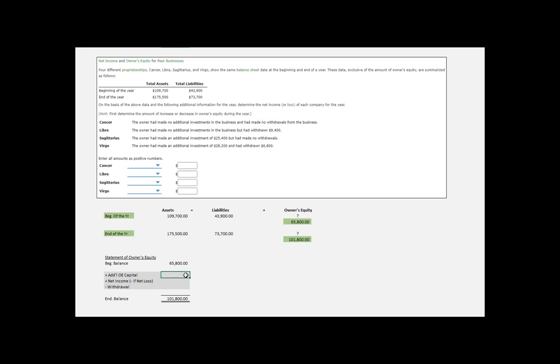What about the additional owner's equity capital? That's given in the problem. It says the owner had made an additional investment of $28,200. The problem also states that for Virgo, the owner had withdrawn $6,800.